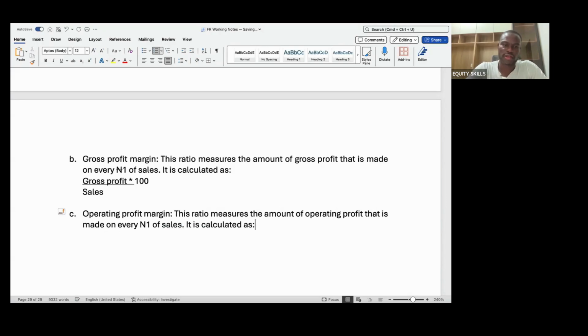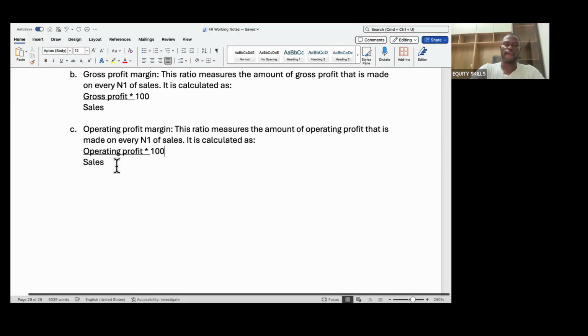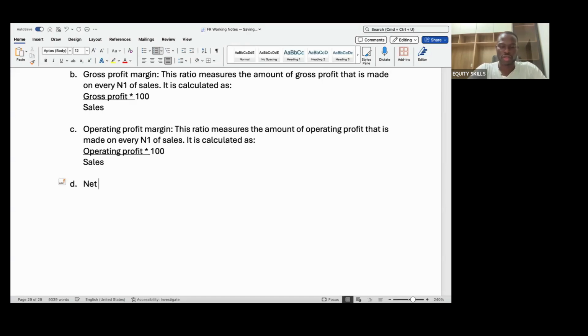It is calculated as operating profits divided by sales, again, multiplied by 100 over 1. So it is the amount of operating profit you make on every 1 naira of sales.